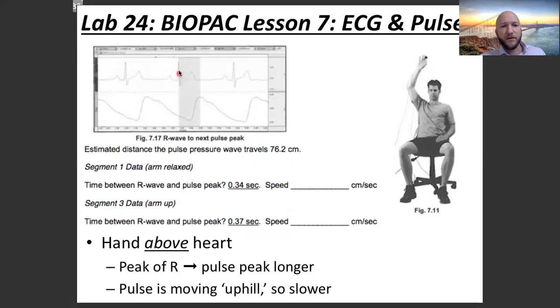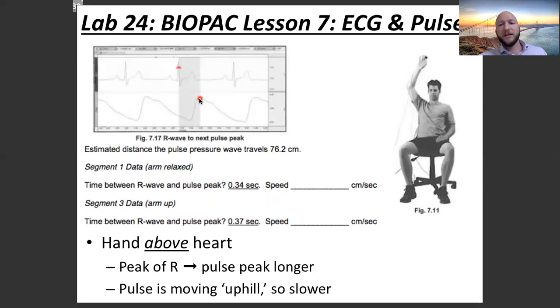Right here is where ventricular systole begins. Right here is where ventricular systole ends. The pulse pressure wave reaches its peak right over here. No, they do not happen at the exact same time.